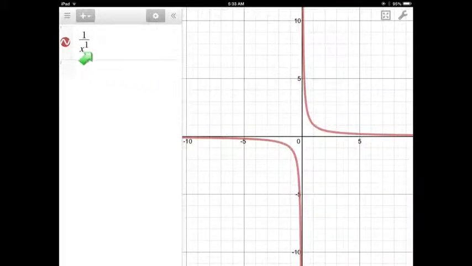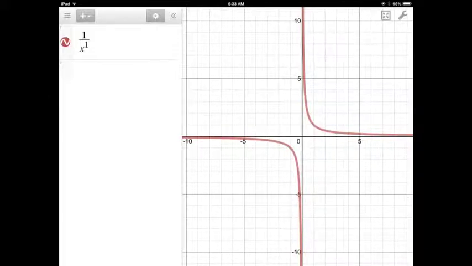Please notice that this is 1 over x. I've got it written as 1 over x raised to the first power to be explicit, to show that it fits the format. But x to the 1, of course, is just x. So this is the graph of 1 over x. It goes way up here as we get close to 0. And as we approach 0 from the negatives, it goes way down here.